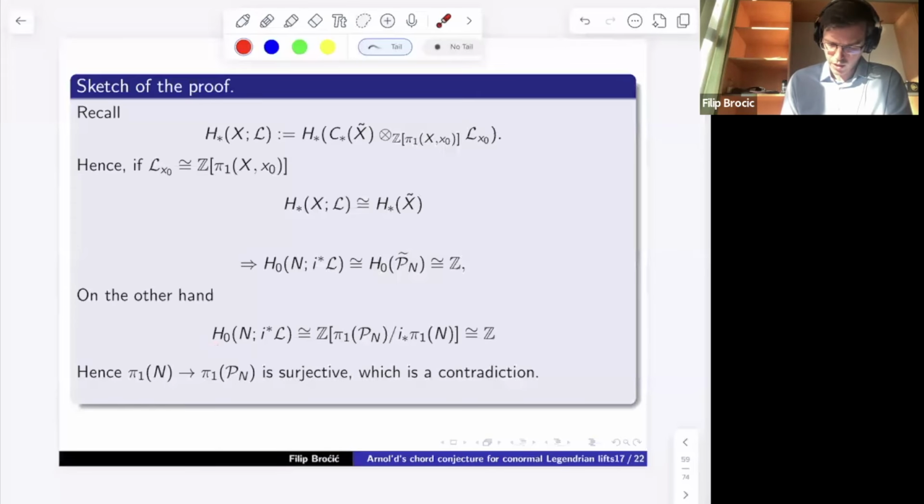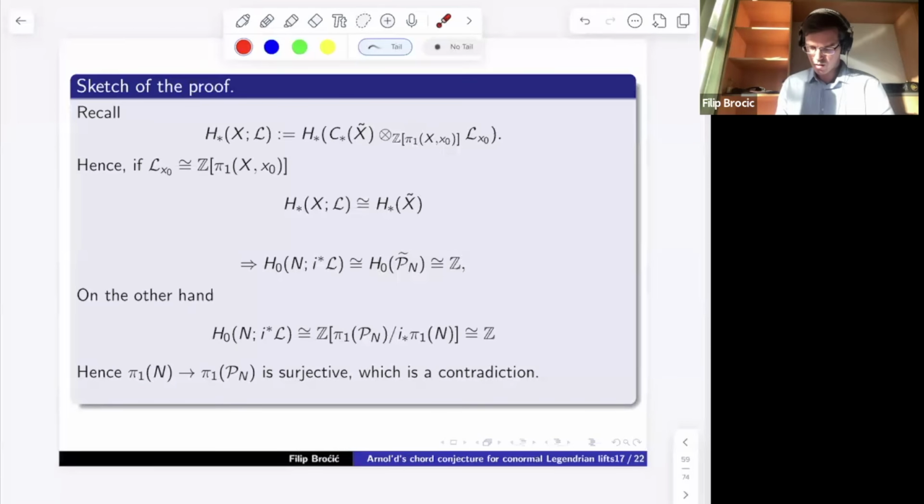And according to this conclusion here, this is isomorphic to the set of integers. But then this means that this quotient is trivial, since this is just of rank 1 over Z. But in particular, this means that inclusion is surjective, and this is a contradiction with our assumption in this case.